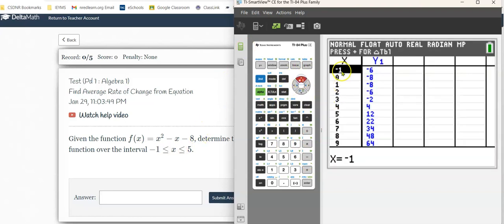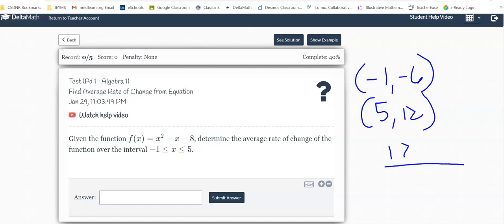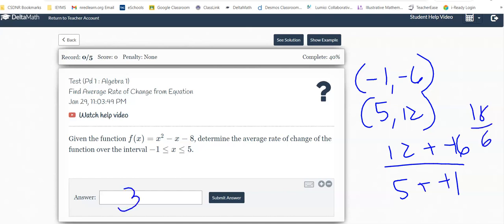I need a -1, so I'm going to go up here. -1, -6, and 5, 12. y minus y over x minus x. I'm going to get 18 over 6, which is 3.